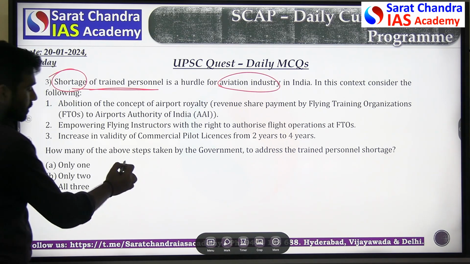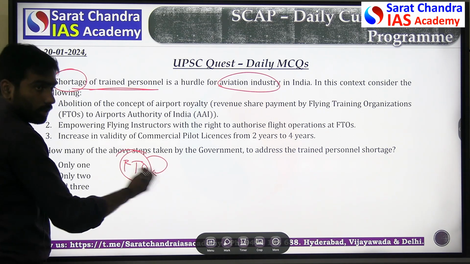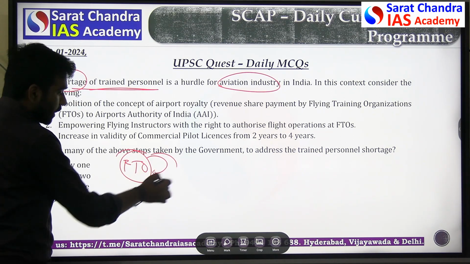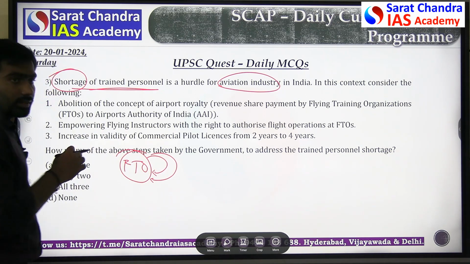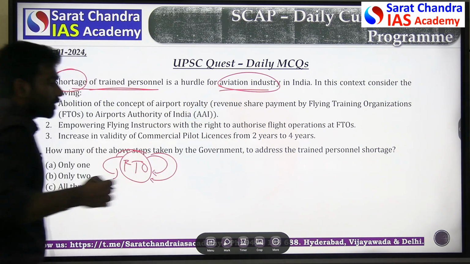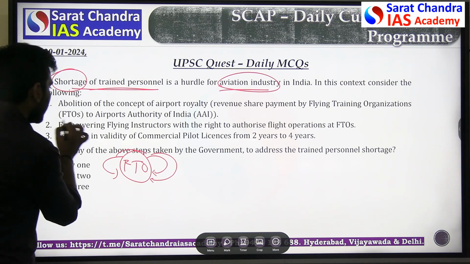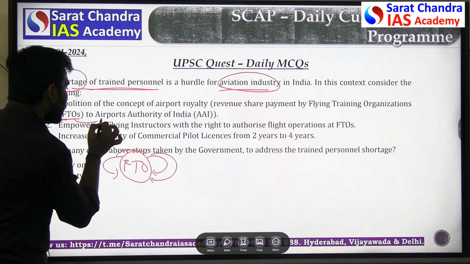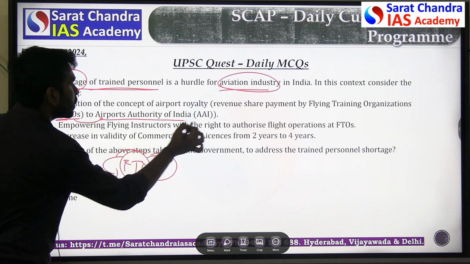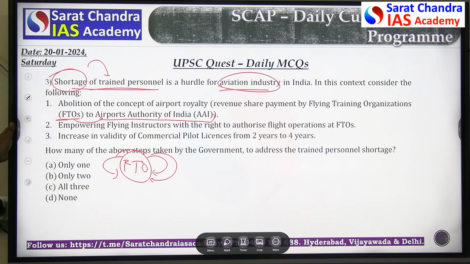Every airport has flying training organizations that train pilots and other personnel with respect to the aviation industry. Earlier, they needed to pay a revenue share to the Airport Authority of India with respect to the training of personnel.